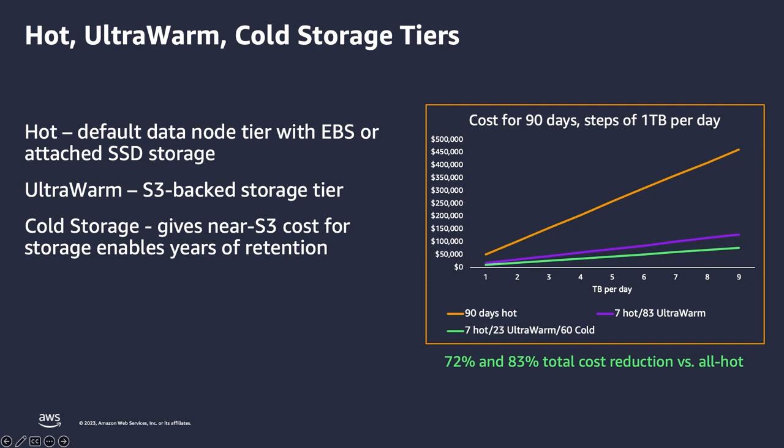So the graph on the right side simulates how the costs with ultra warm and cold storage tiers help you to optimize the total cost of your index data. This is considering that you're storing 1 terabyte of logs in a single day.